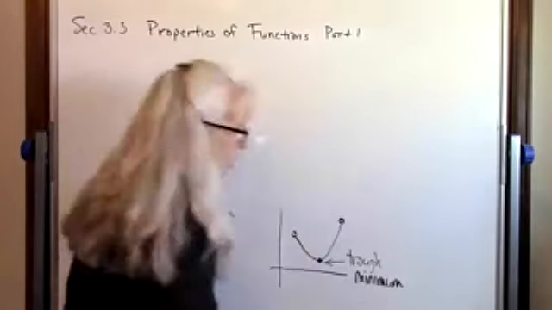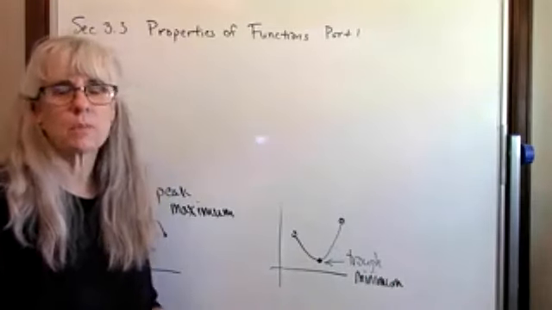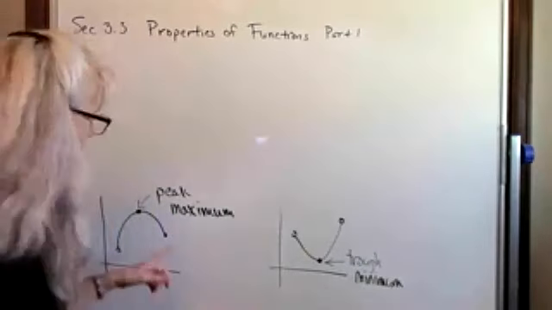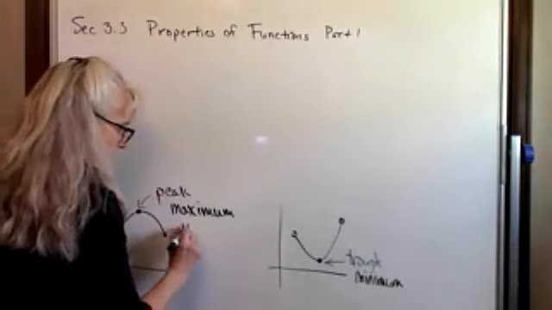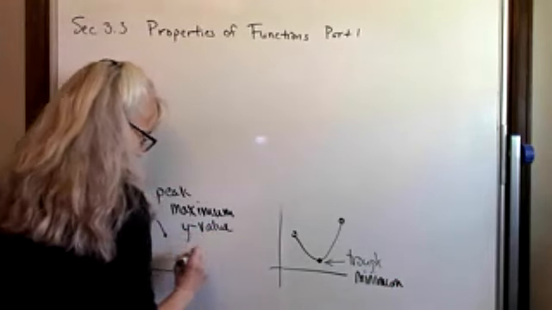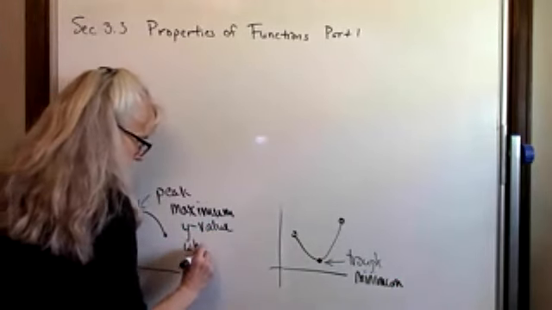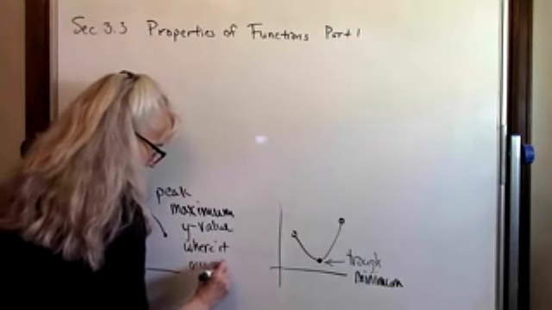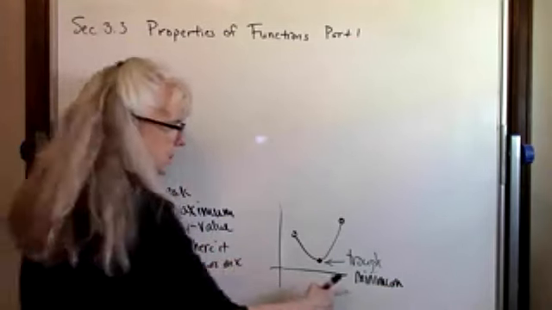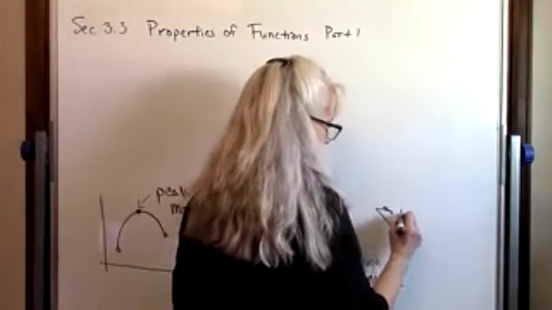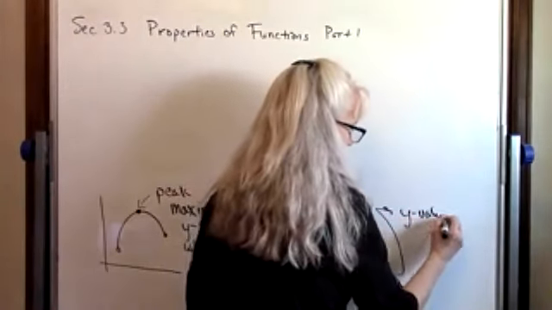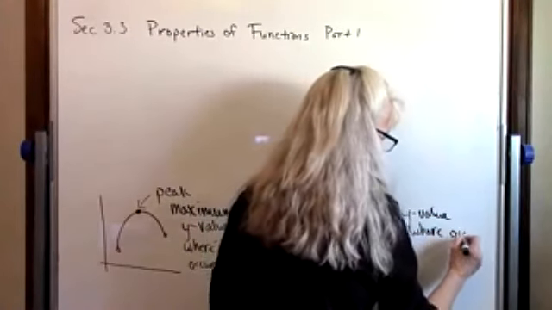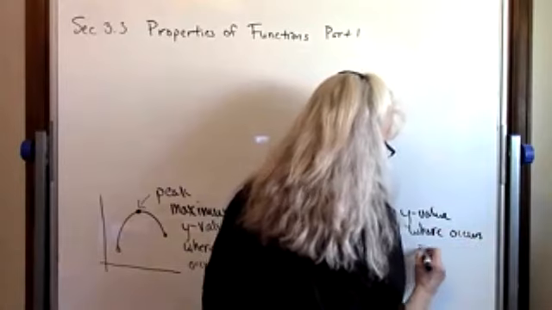Now, I like to record those maximums and minimums in terms of a point. Your textbook in the online homework very specifically talks about the maximum as the y value and where it occurs in terms of x. Same thing with the minimum. It talks about that minimum being the minimum y value and where it occurs in terms of x.